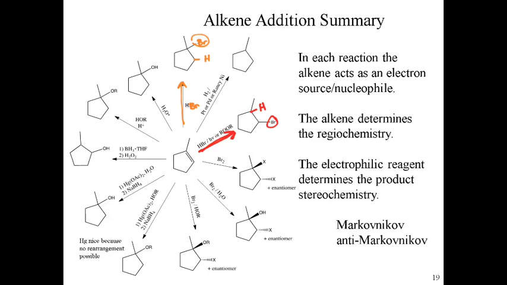Okay. Long time ago, before we knew about electrons, some dude looked at these reactions and said, when I add acids to these alkenes, I notice that the hydrogen goes to the position that has the most hydrogens. Like all the time. That's amazing. That was so cool that he could predict that before we understood electrons.